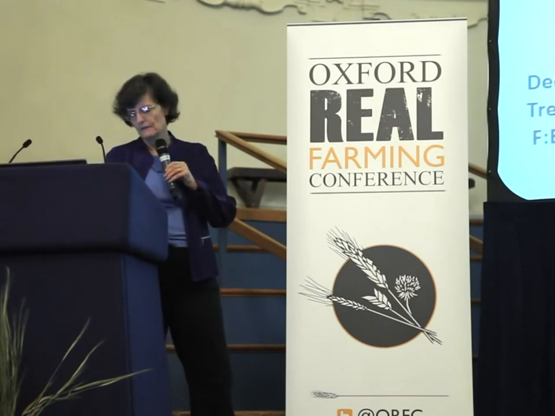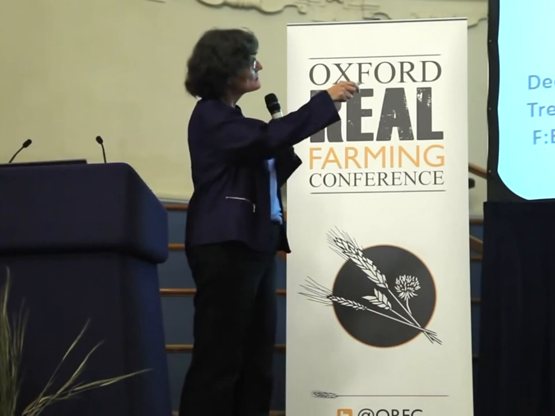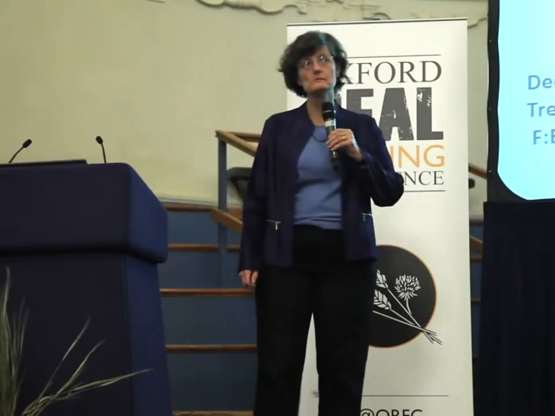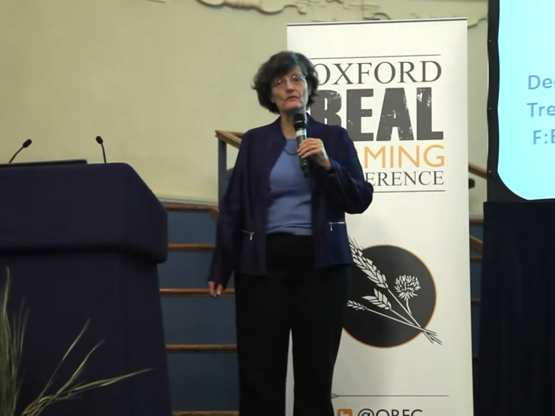So if you think about this, you know, Mother Nature is driving succession towards that old growth forest. So why isn't everything on this planet an old growth forest? Because disturbance happens. Floods, fires, odd weather patterns. Have you had some of those here in Britain recently?